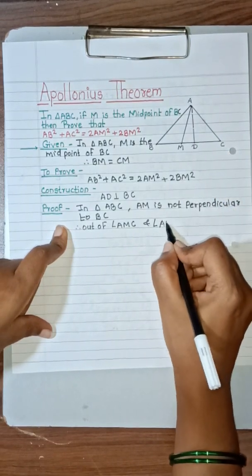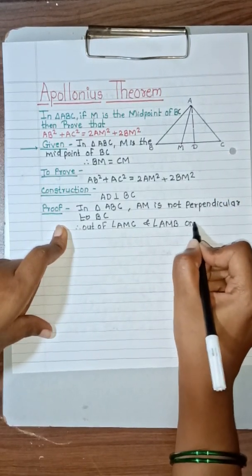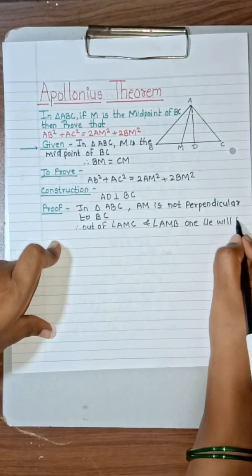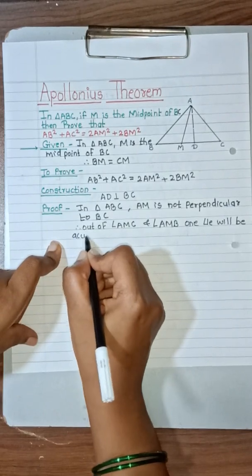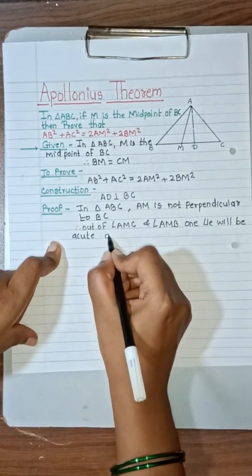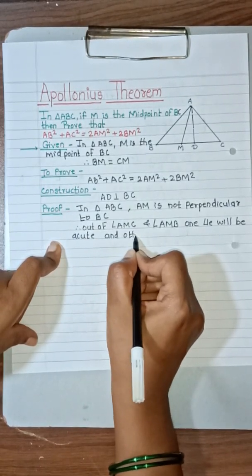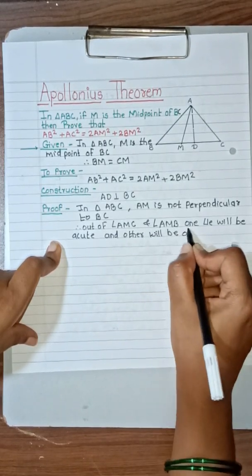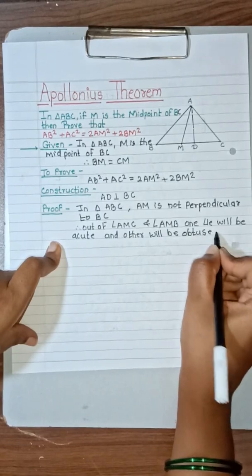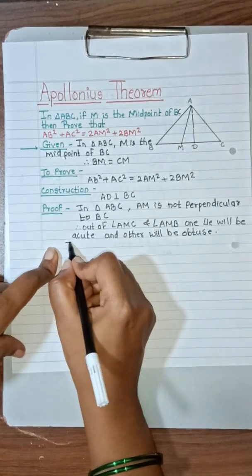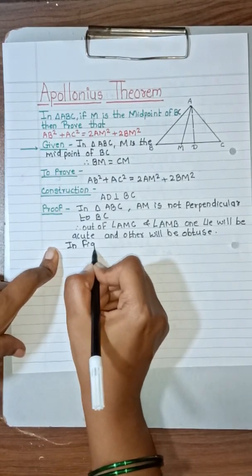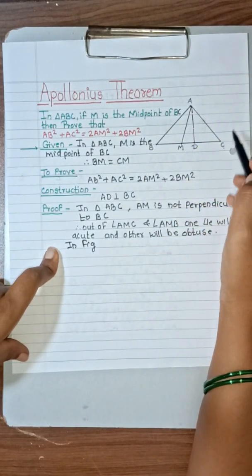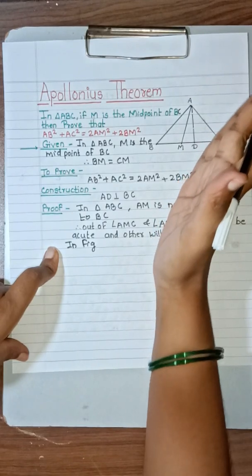And AMB, one angle will be acute and the other will be obtuse. Now if you see in the figure, angle AMC, you can see its measurement is less than 90 degrees.